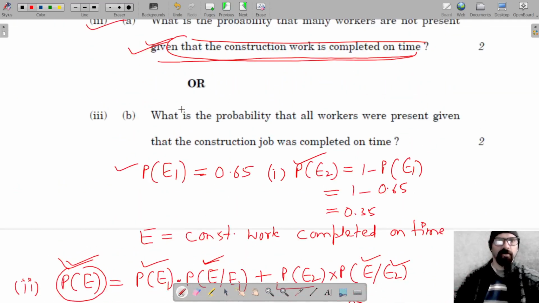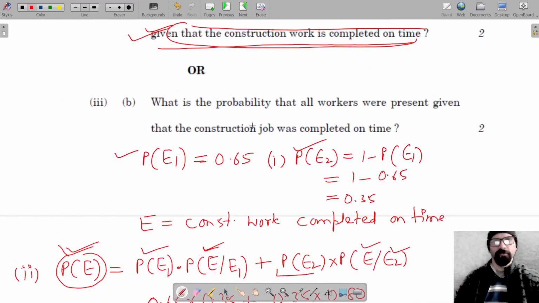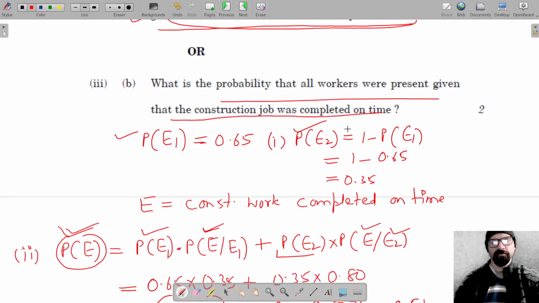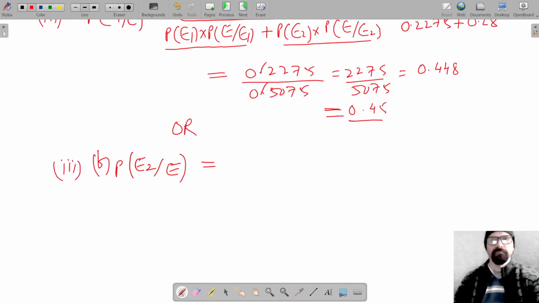Okay, now the third B part: what is the probability that all the workers were present, given that the construction job was completed on time? So the construction job was completed on time and all the workers were present is E2, and this is what we have to find out.